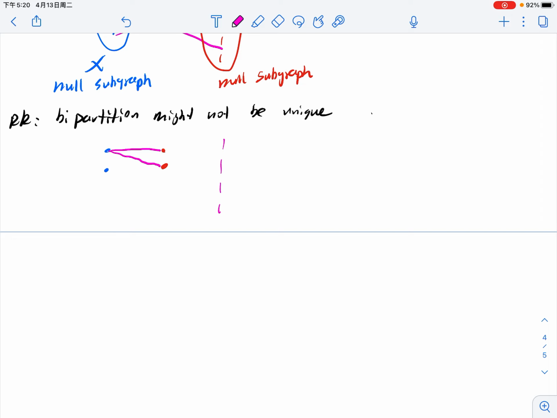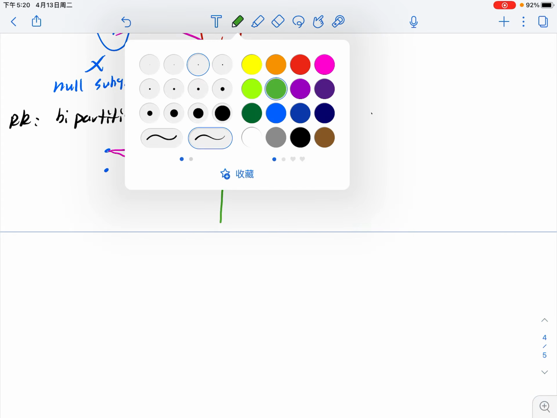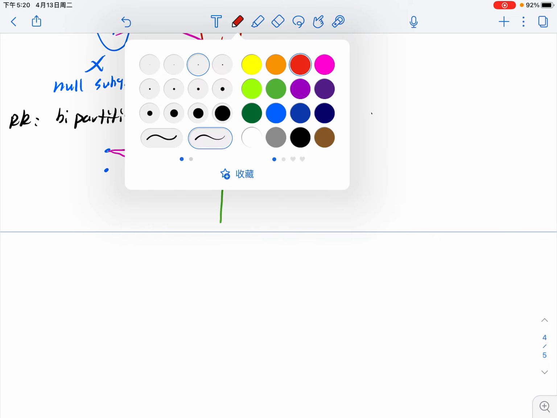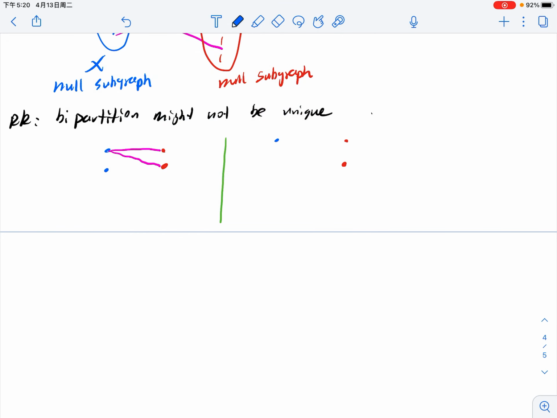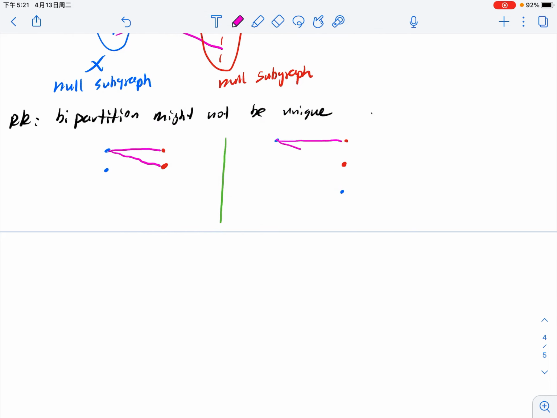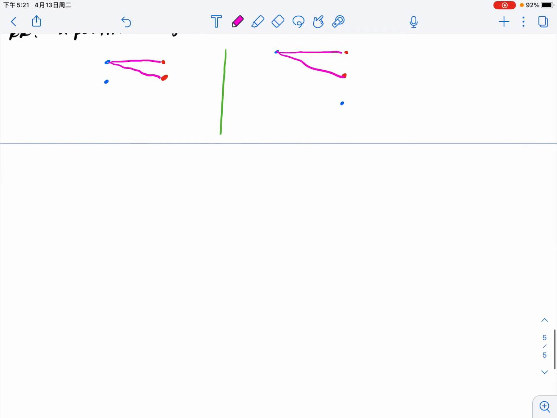But on the other hand, we can give another partition. You have 1 point on the left, 3 points on the right. Go this way. This is another bipartition. So it's not unique.